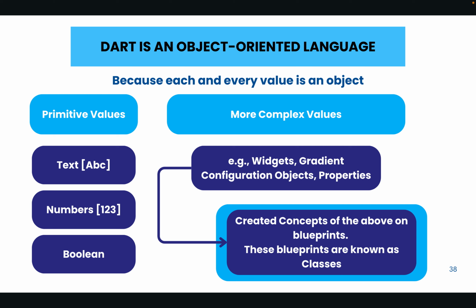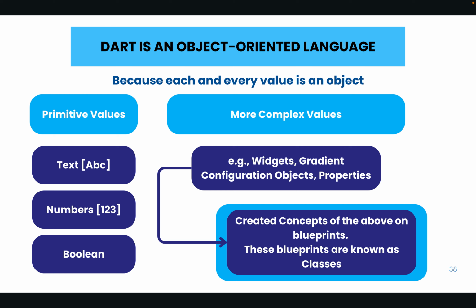For example, if I say that some number has to be multiplied by 1000, so if I provide 1, it becomes 1 into 1000, which is 1000. If I provide 2, it becomes 2000. If I provide 3, it becomes 3000. That means whatever value I provide to it, it will calculate the other things based on that specified value.